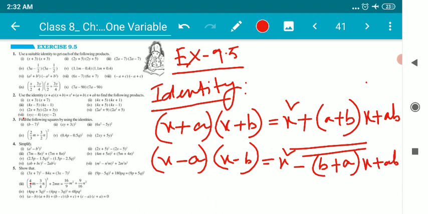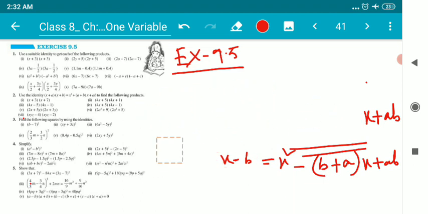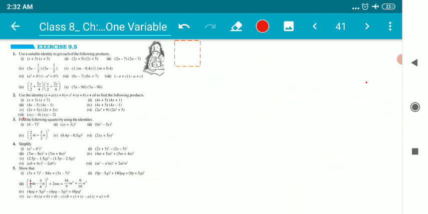Alright, so the identity is x squared minus b plus a into x plus ab. This is very simple. This is how we have to find out the value of the expressions. So with these two identities, let us start first. More identities are there, and more will be explained.